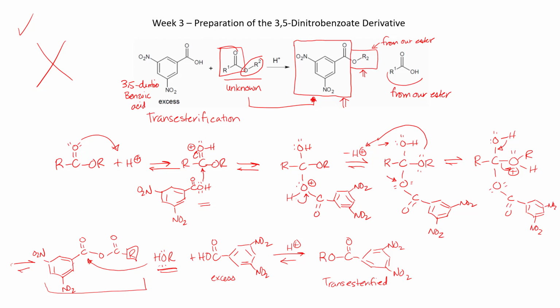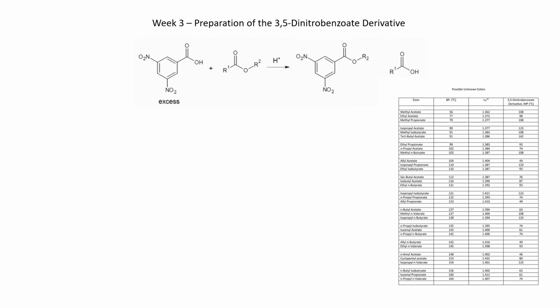So what we do is, in this table are the melting points of that 3,5-dinitrobenzoate compound. For instance, down here before, we were looking at boiling points from 127 down to like 148. And I don't believe there are any molecules that could be yours in that.